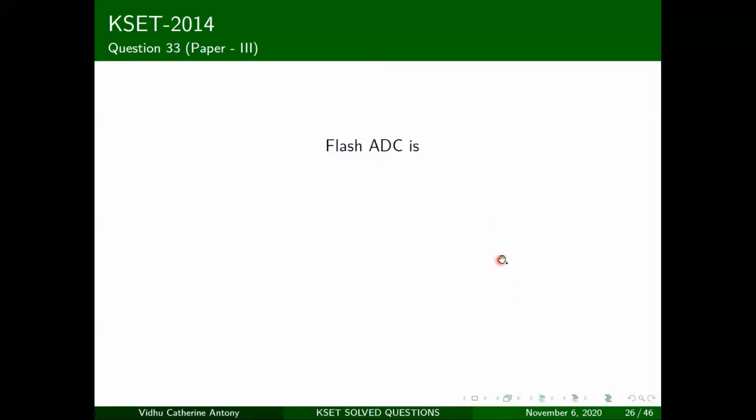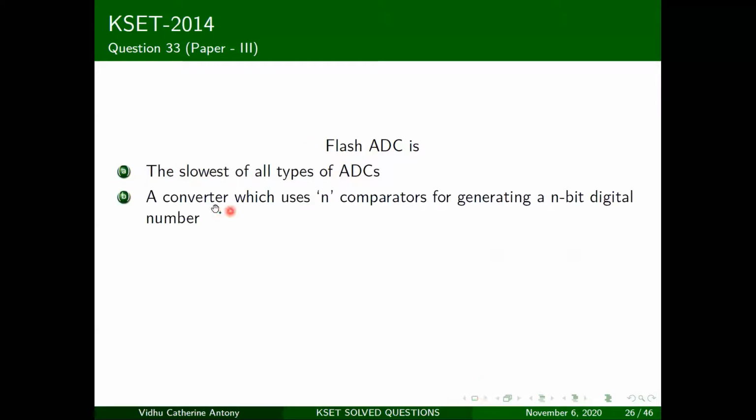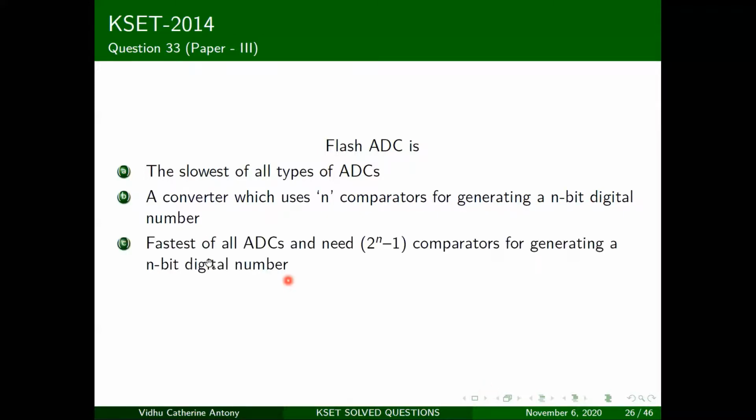ADC is basically an analog to digital converter. Let's look at flash ADC slowly. Flash ADC is the fastest type of all ADCs. The converter uses 2 power n minus 1 comparators for generating an n-bit digital number.